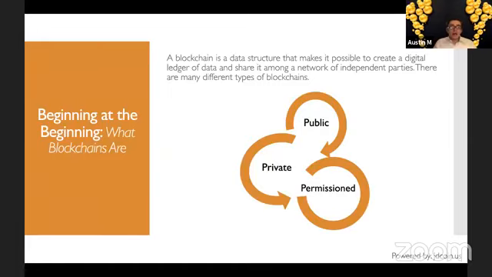So beginning at the beginning of what blockchains are, a blockchain is a data structure that makes it possible to create a digital ledger of data and share it among a network of independent parties. There are many different kinds of blockchains, but the ones we're going to be looking over today are public, private, and permissioned.